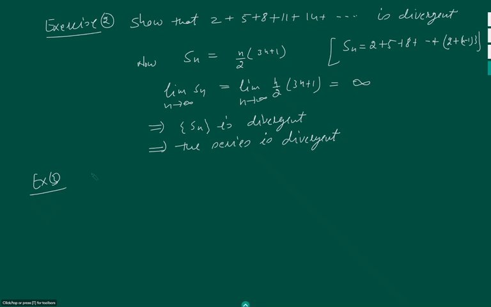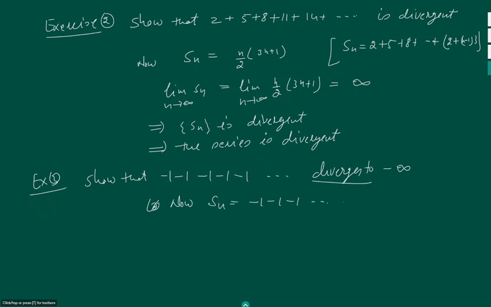Show that this series minus 1 minus 1 minus 1 minus 1 minus 1 and so on diverges to minus infinity. Right. So the behavior of a series is the behavior of its sequence of partial sums. So now Sn, the sum of first n terms of this series is minus 1 minus 1 minus 1. How many times? n times.